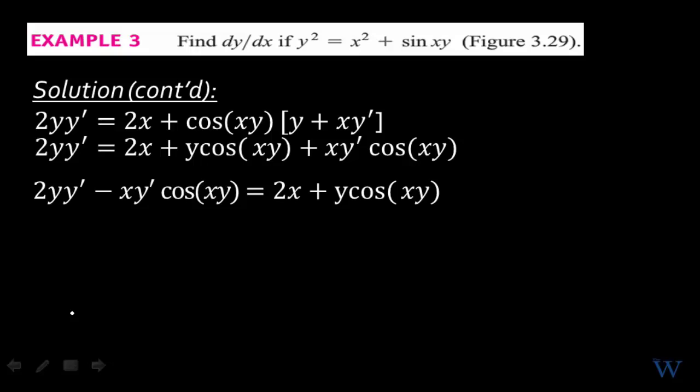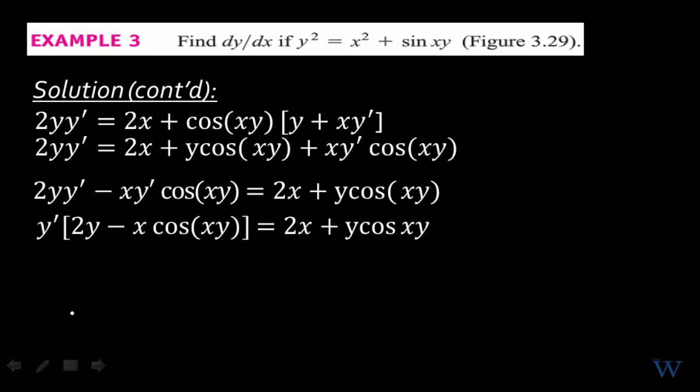And then we're down to solving for y prime. We transposed, we combined all the y prime expressions on one side, so they're here, because I put this on the other side of the equation, and then this was left here on the right side, and then factor out y prime.